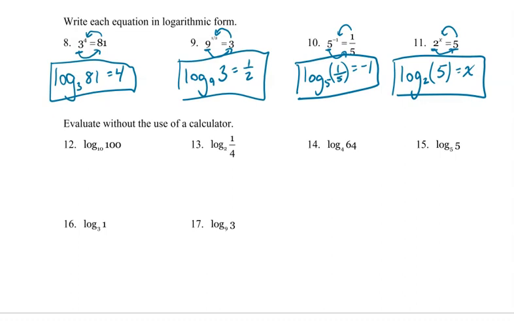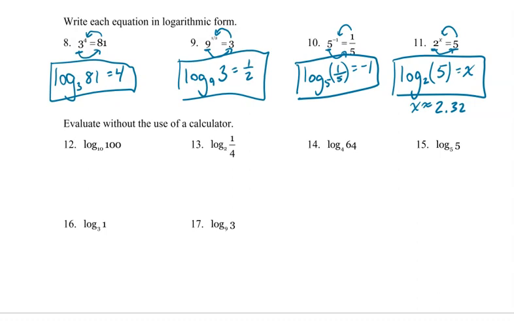Your calculator can actually do this one no problem. All right? So if you do put this in your calculator, you would get x is approximately 2.32. That would be our answer. Again, this one's an approximation, but that's what exponent you would have to put on 2 to get 5.